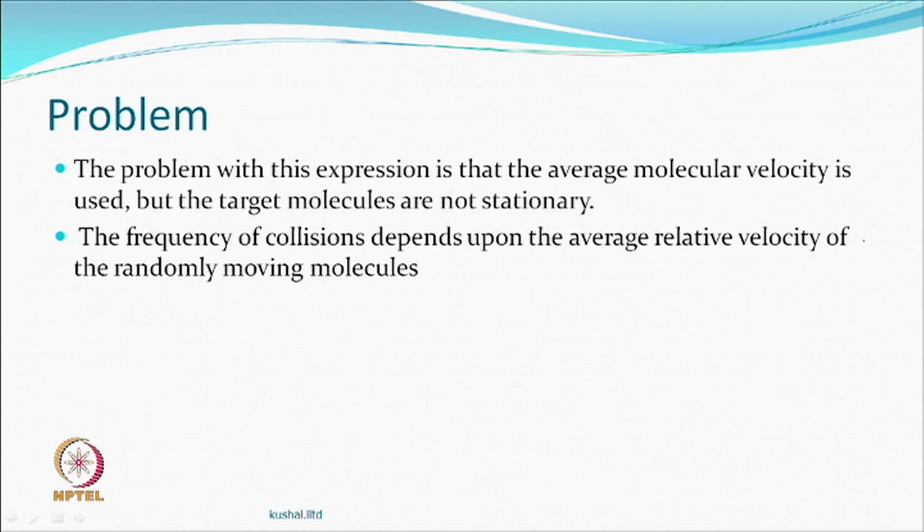The problem is that the average molecular velocity is being used in this expression, but it is not that the molecules which are going to be struck are stationary, they are also moving. None of the molecules is stationary, each has a velocity in whichever direction it is going, and it can still strike.